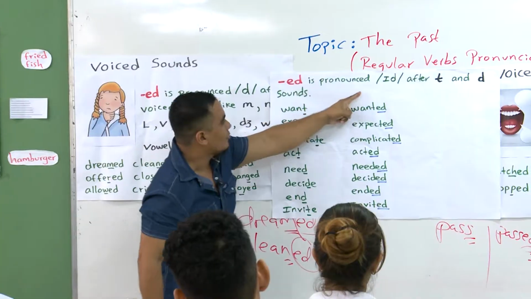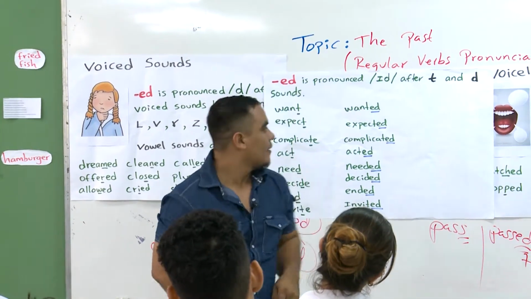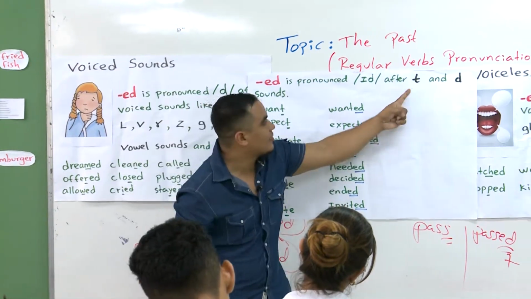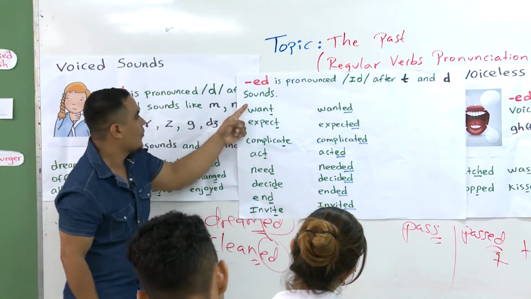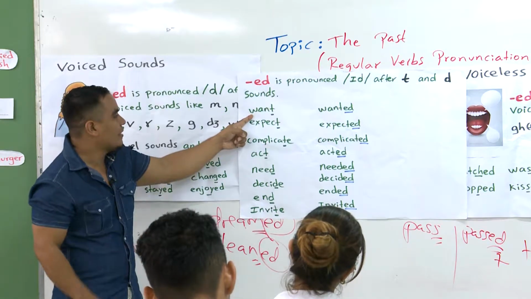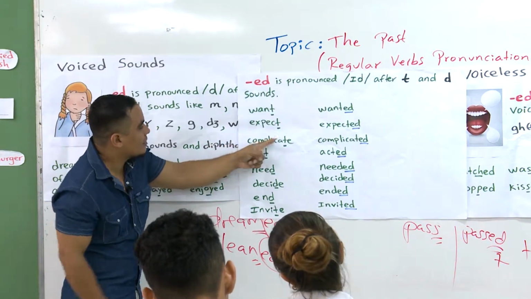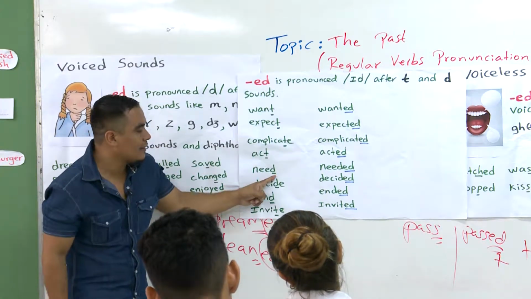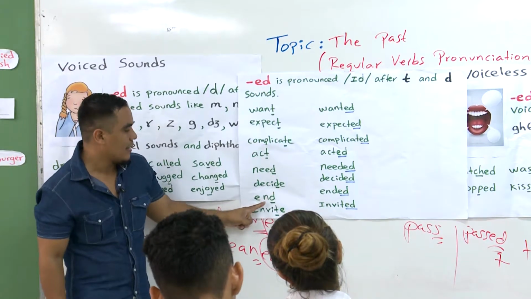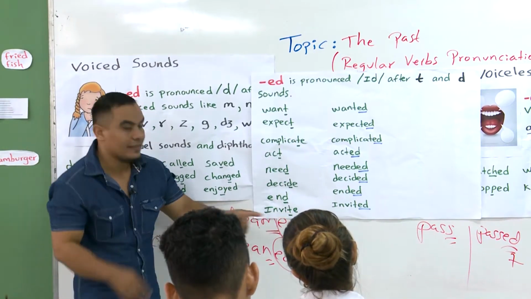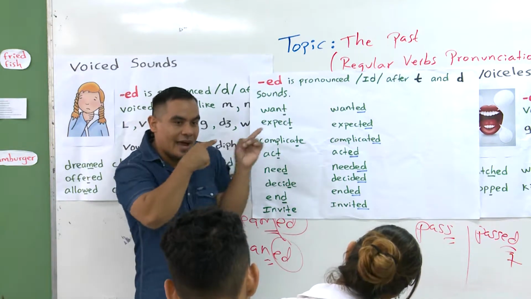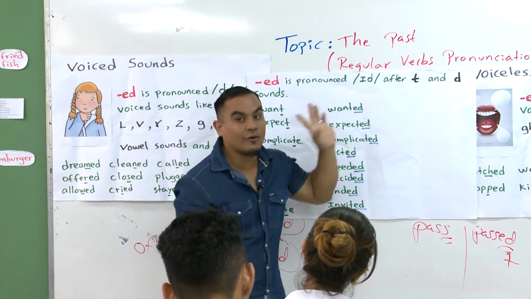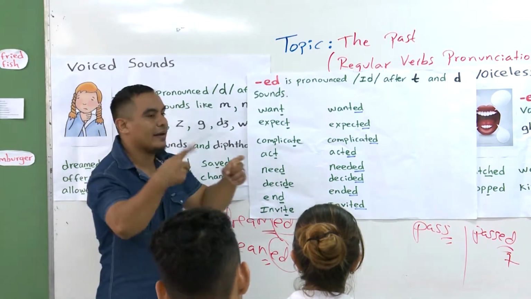ED is pronounced like id when the final sound in the base form is T or D. For example, in the normal form, I say want, expect, complicate, act, need, decide, and invite. So in those past forms, ed has to sound like id. Okay, let's do it together.